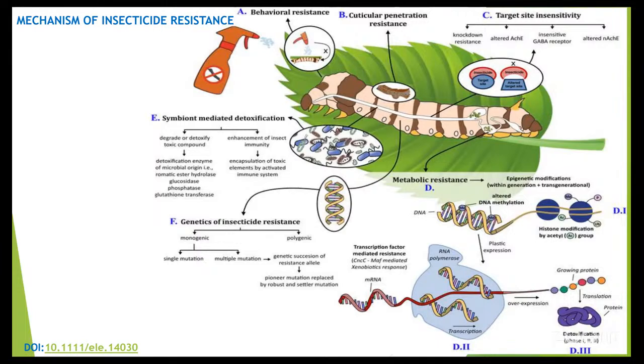Coming to the cuticle penetration resistance, penetration resistance occurs when insects can slow absorption of the chemicals into their bodies because their outer cuticle has developed barriers against that particular insecticide. Penetration usually is not a major factor in resistance and is present along with other forms of resistance and intensifies the effects of those other mechanisms.